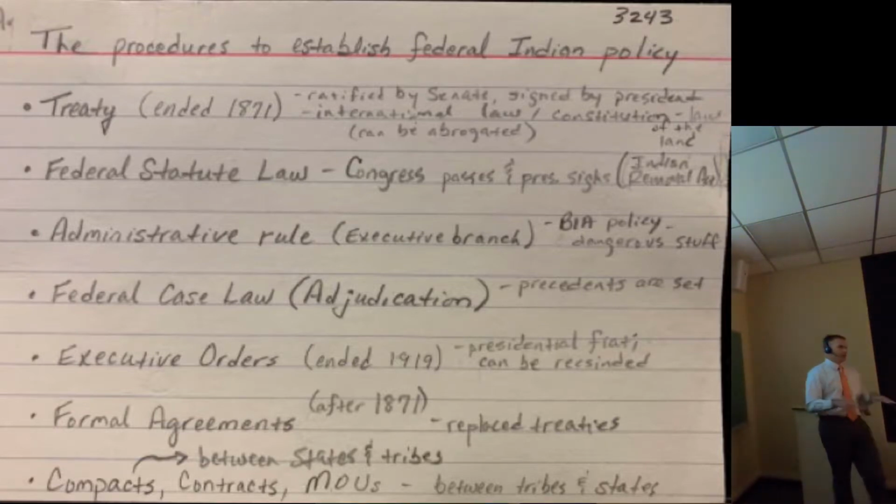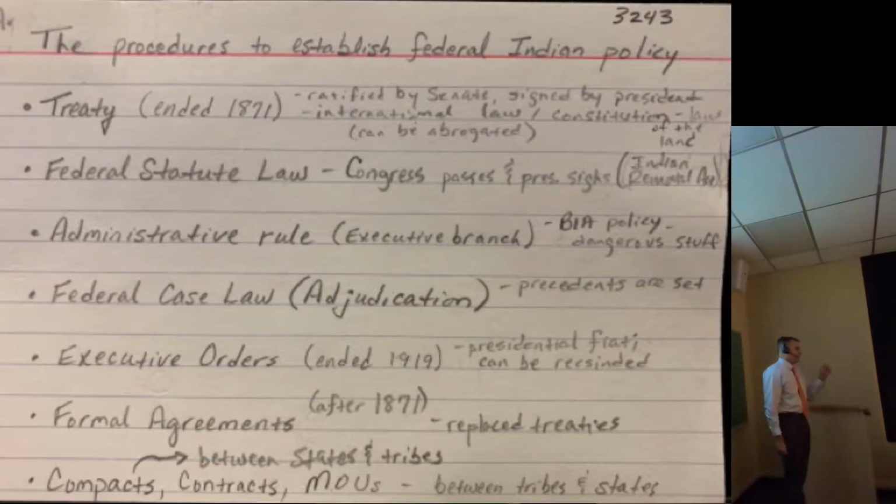So much of the federal case law involves issues that arise between state governments and tribes. Okay, so we'll talk a lot about that. So you'll see Arizona getting sued, or California, and that is really, really common.